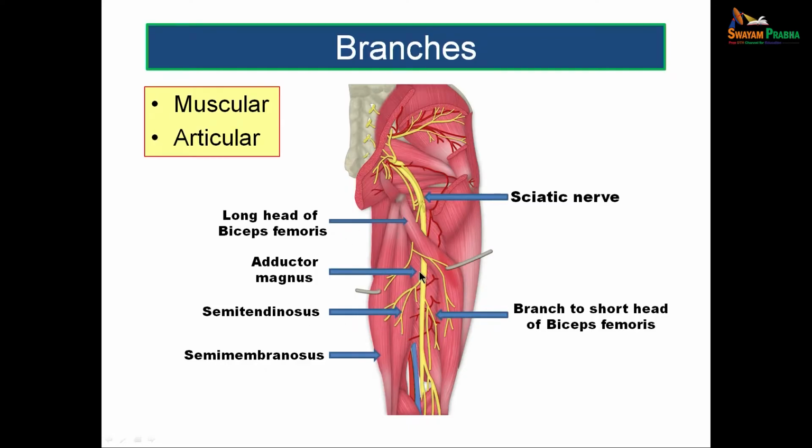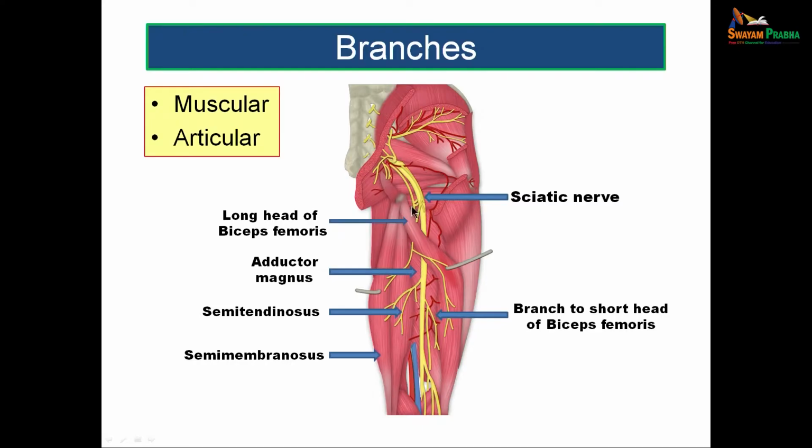This group of muscles is called the hamstring muscles, and is formed by four muscles, that is semitendinosus, semimembranosus, adductor magnus ischial part, and the long head of biceps femoris. Along with these, the sciatic nerve also supplies the short head, which is the non-hamstring part.